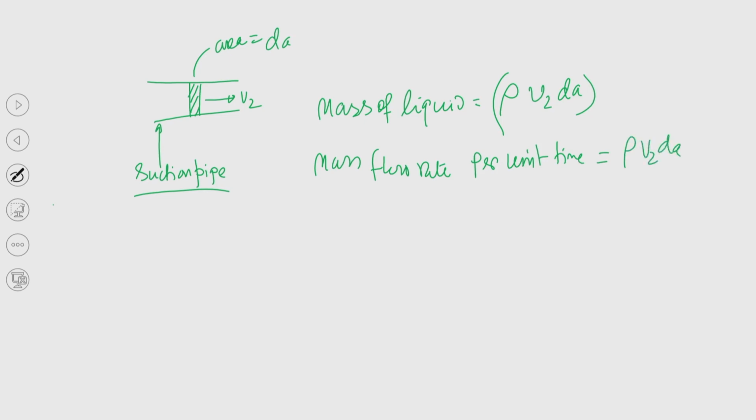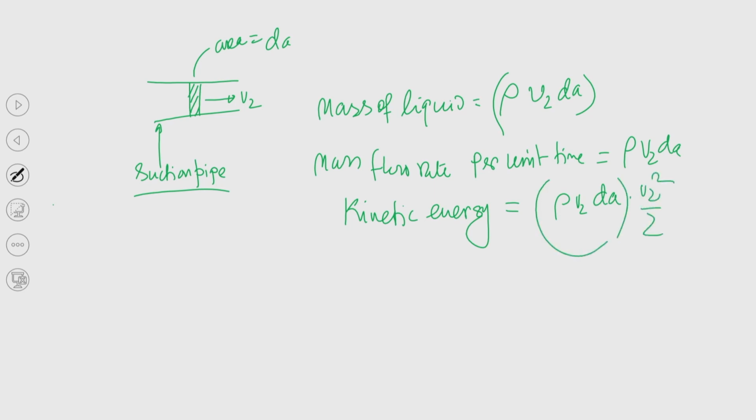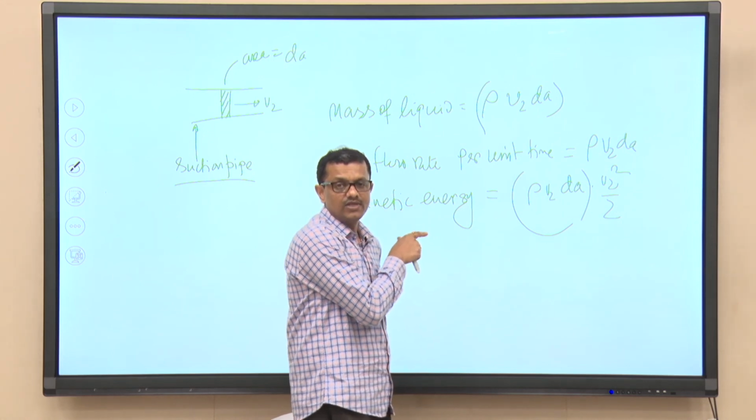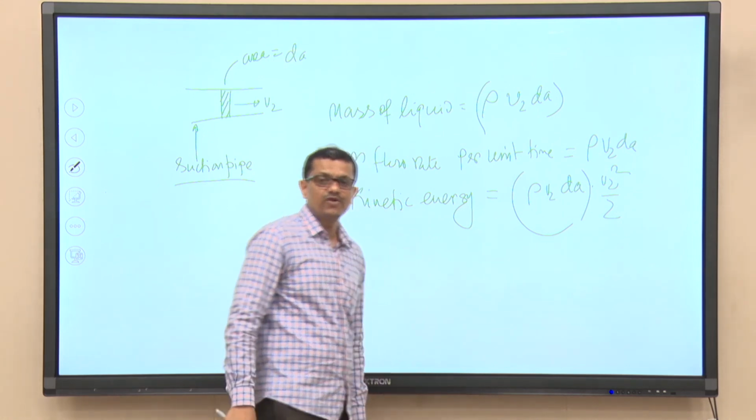Then what will be the kinetic energy of that mass? That would be rho V2 dA into V2 square by 2. So, this is the kinetic energy. Though we have calculated kinetic energy here, we did not consider whether the velocity is uniform or not.